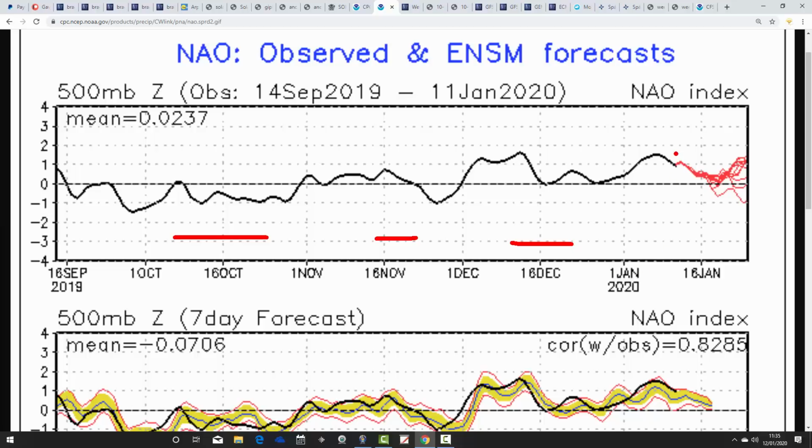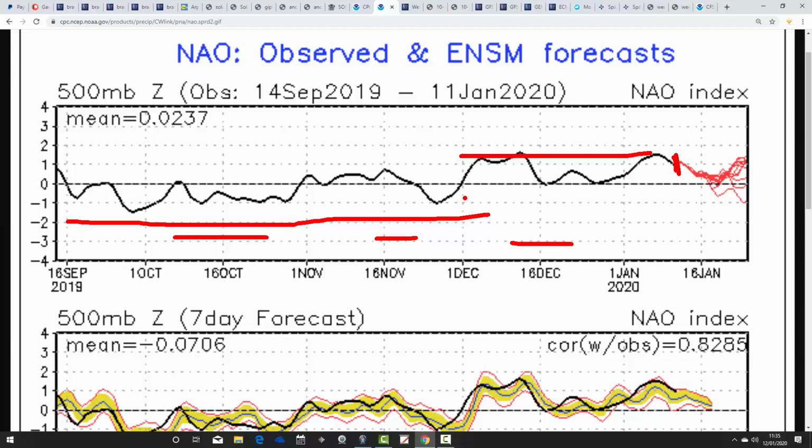So the NAO is also in its positive phase and has been through all of this winter so far. Back in the autumn and even into the summer, we had a prolonged run of negativity of the NAO. It started in the spring, actually. It started around the end of April and it ran all the way through to November, with the odd exception here and there.